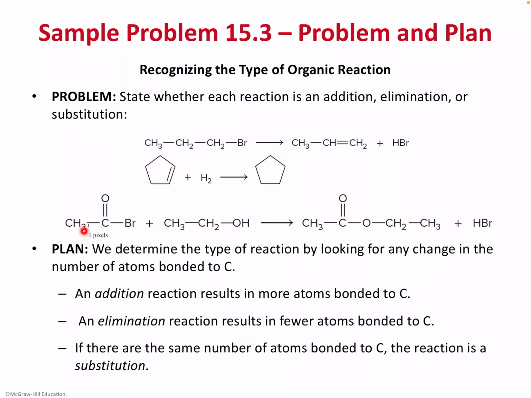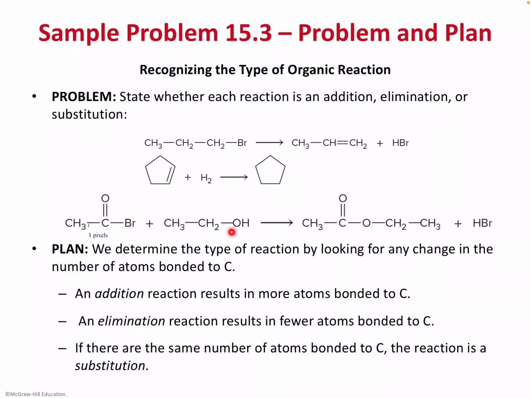Here we have CH3COBr and CH3CH2OH. Now the oxygen here is attached to this carbon, and H and Br are eliminated, right? So bromine is not there, and instead you have this group. What type is that?